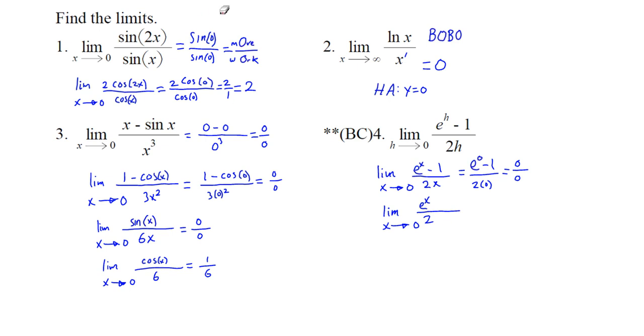And so for this, if we plug in 0, we're going to have e to the 0 power over 2. And e to the 0 power is 1, so we're going to get 1/2. So 1/2 is our correct answer for problem 4.